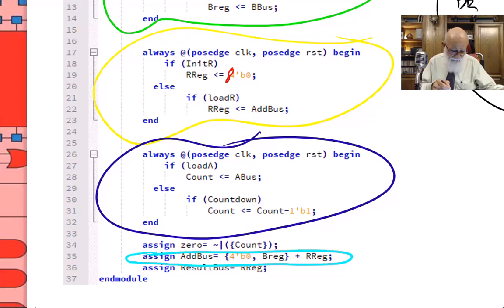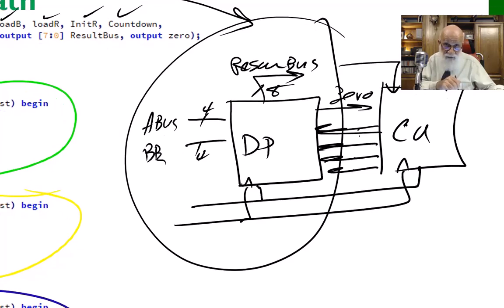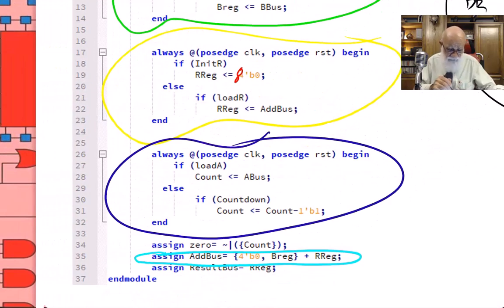If load A is active, put A bus into count. That's line 28. Else, if countdown is 1, who issues countdown? This guy over here, the control unit. One of these signals going to the data path is countdown. If countdown is active, the count register gets decremented by 1. If it's 15, it will be 14, 13, and so on.